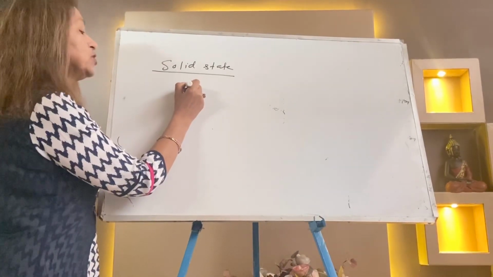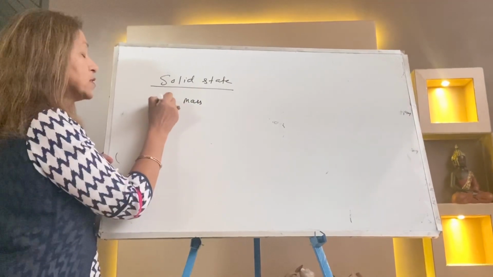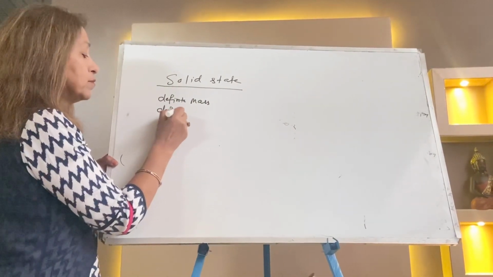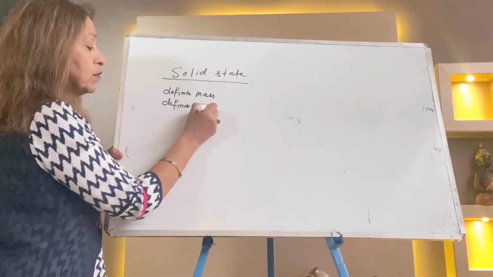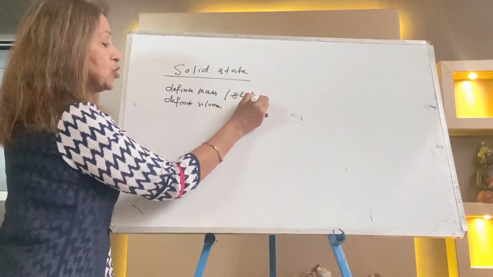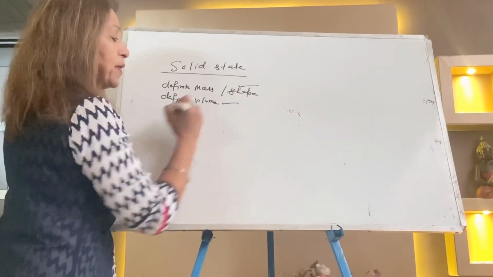Solid is that which has definite mass, and it occupies definite volume. It has a definite shape and definite volume.